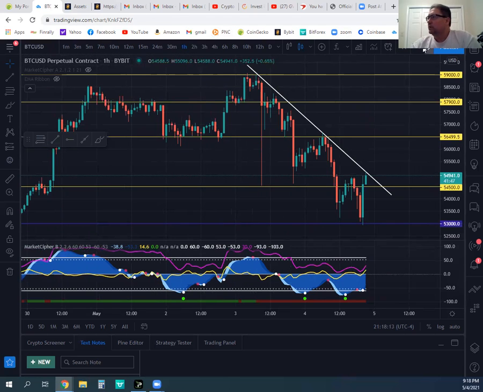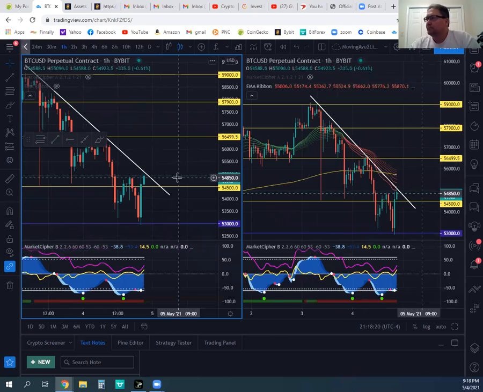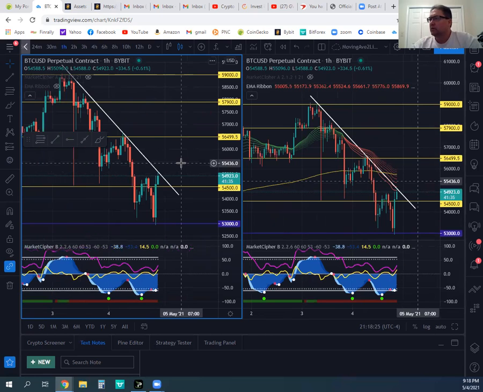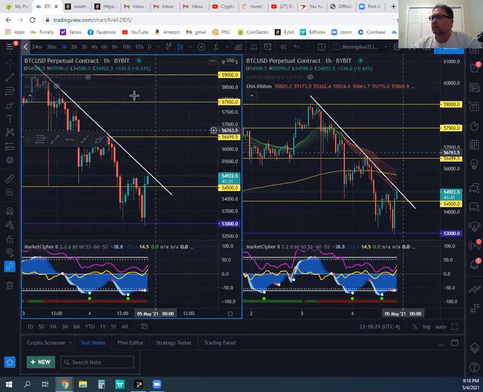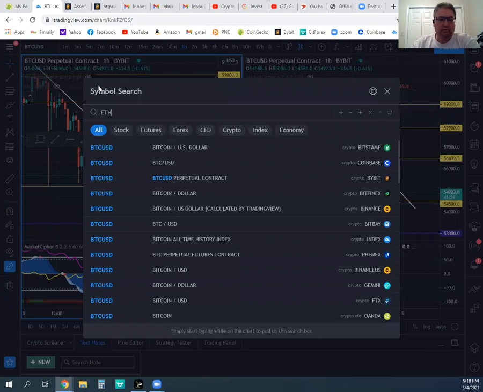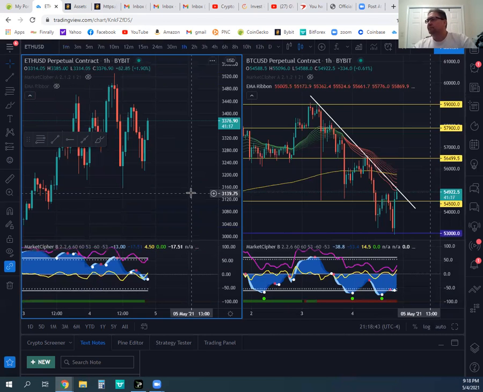Let's make this be a two panel deal. This is pretty cool. This has got to be changed to Ethereum. I was wondering why I was seeing double. Now I know.